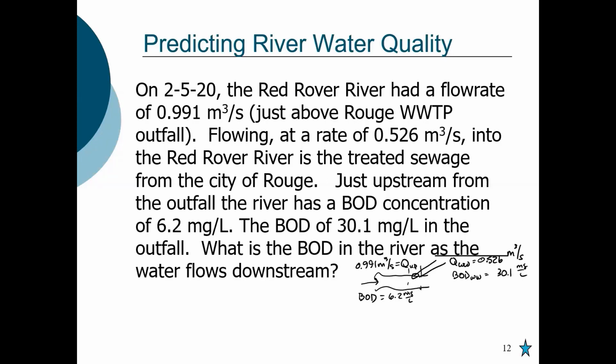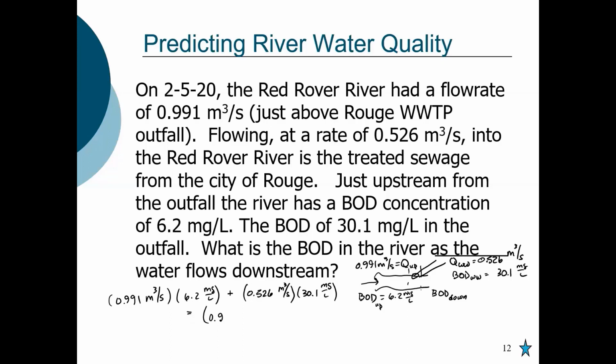So we will do the same. We've got our control volume. What we're looking for is the BOD downstream. And that is simply 0.991 meters cubed per second times the BOD upstream plus the flow in our wastewater, 0.526 meters cubed per second, times the BOD in the wastewater, and that is equal to the total flows.